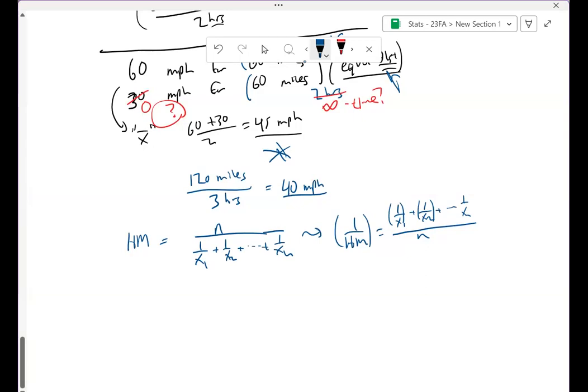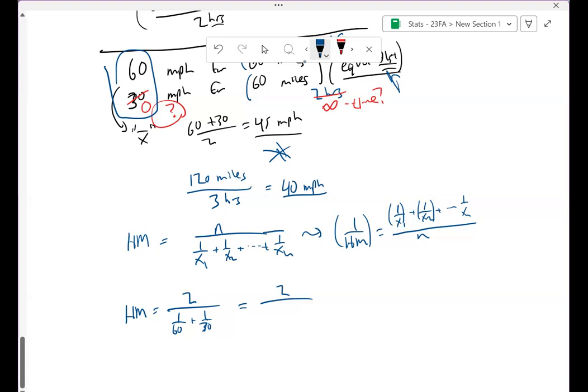So let's try this with this data up here, where we had 60 and 30. Well, I have 2 data points, and my data are 60 and 30, so I have 1/60th plus 1/30th.